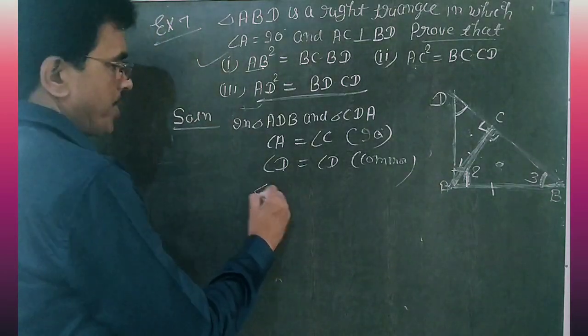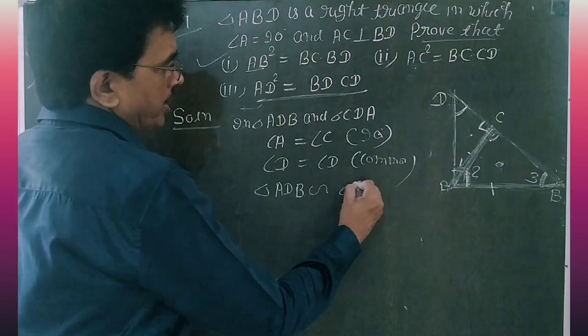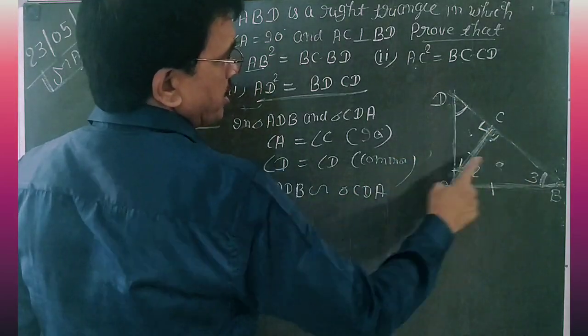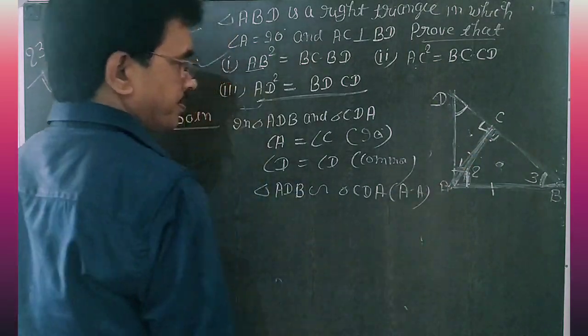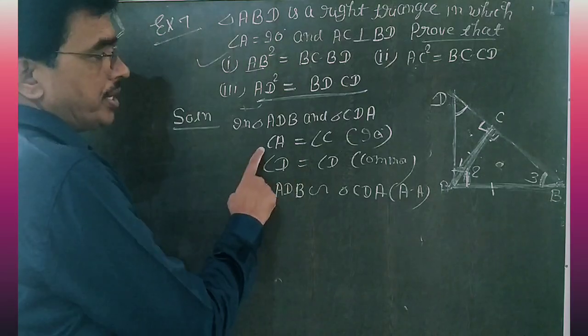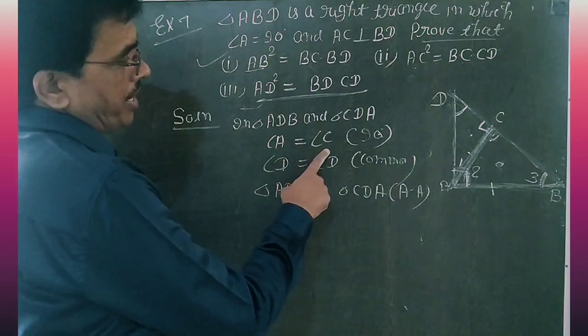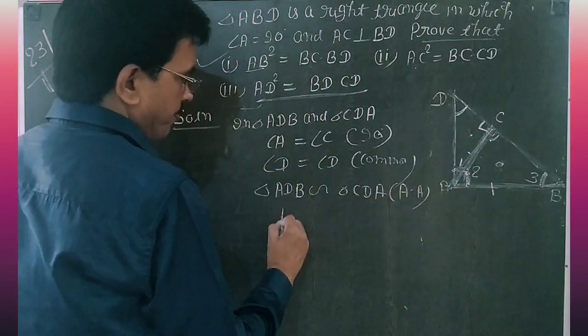So triangle ADB is similar to triangle CDA by property A. If these are similar, then take their corresponding sides. A is equal to C. What is A? Here, opposite is BD.